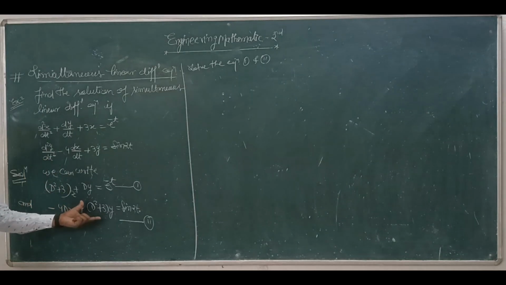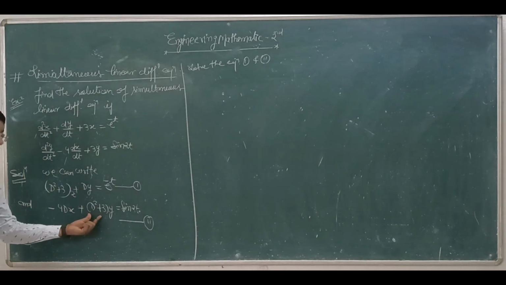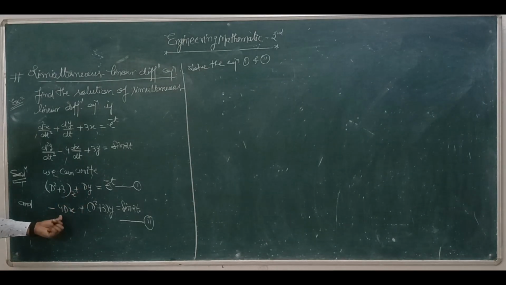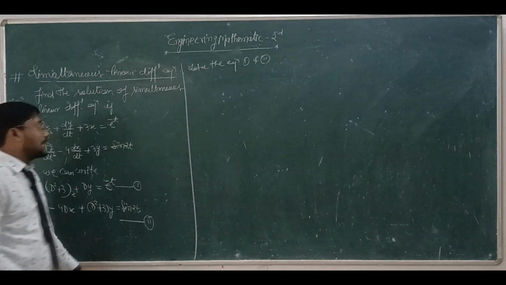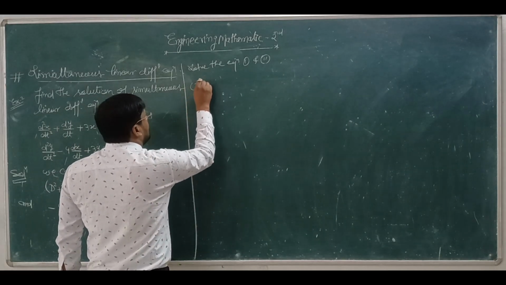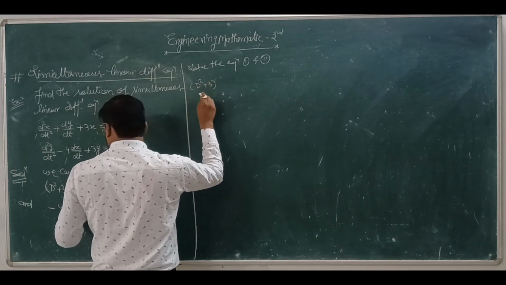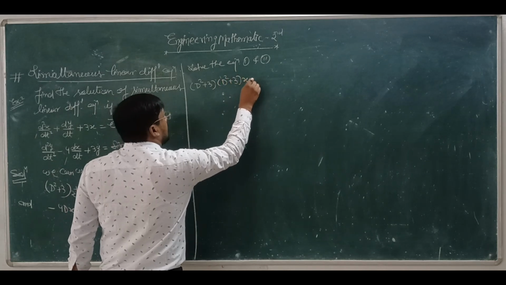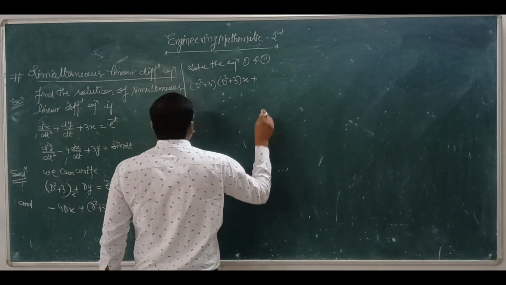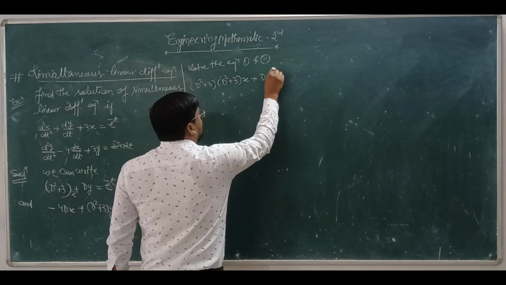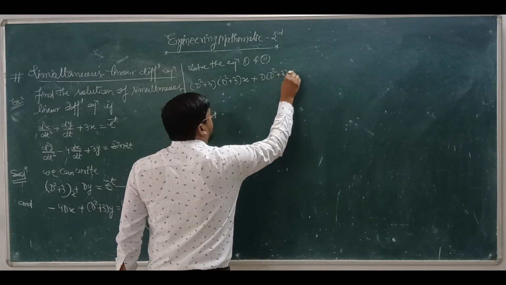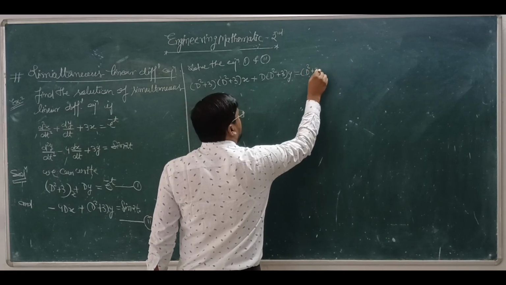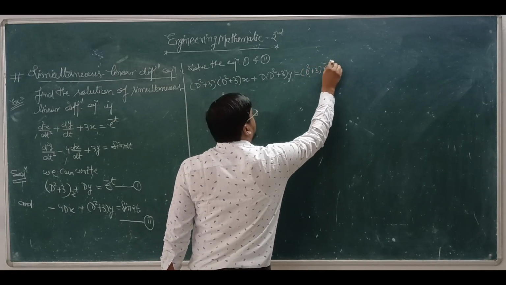Now multiply the equation first by D^2 + 3, and multiply equation second by D. You can write (D^2 + 3)^2 x + (D^2 + 3)Dy = (D^2 + 3)e^(-t).